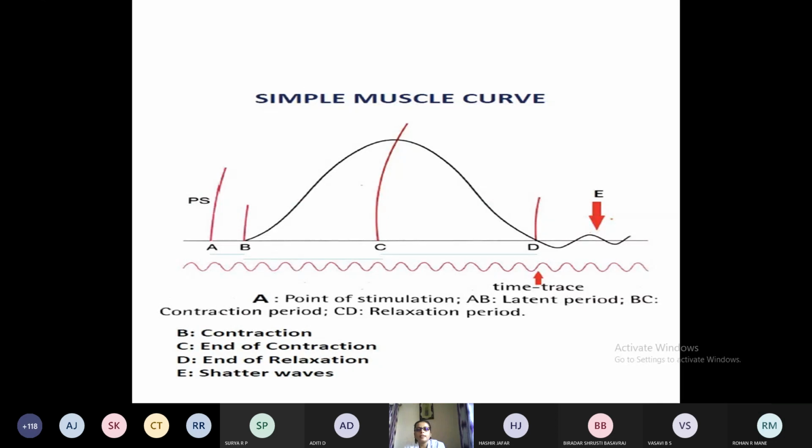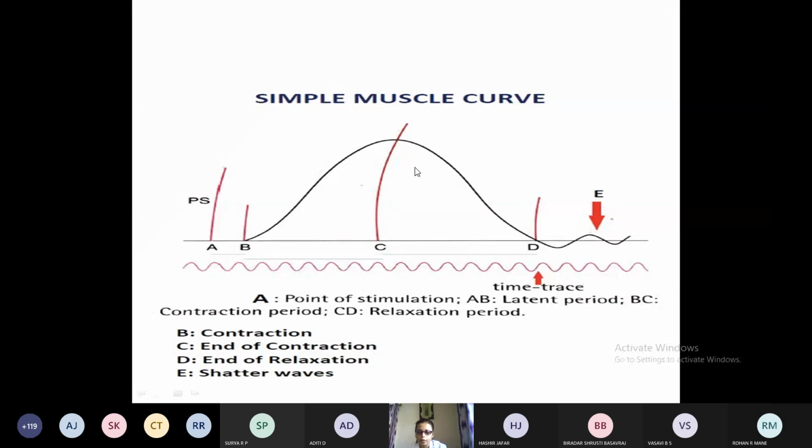So how will you apply this simple muscle curve to the human body, or what are the benefits of this simple muscle curve to human physiology? With the help of this simple muscle curve, you can learn many muscle properties.